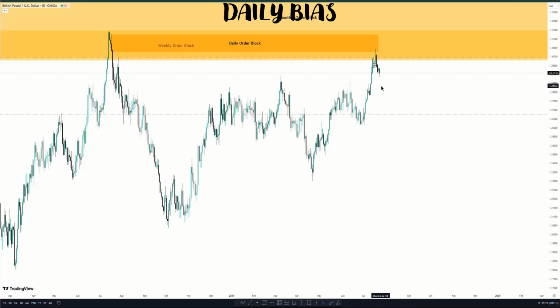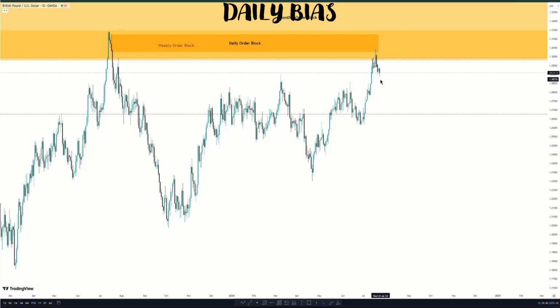You have to know where to take your profits. If you're in profit, you have to know where the market might end up. Of course, you already have a daily order block there, and the market reacted to that daily order block. It also reacted to that monthly order block and the weekly order block. But down here, this is the current market.